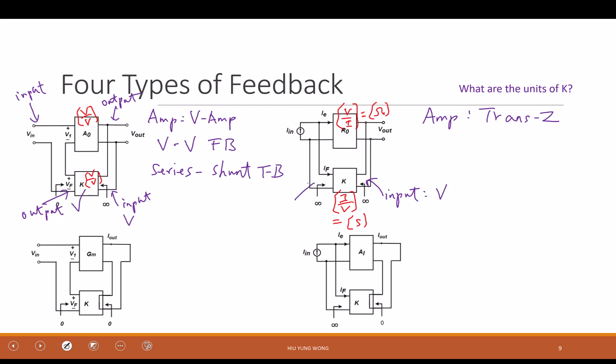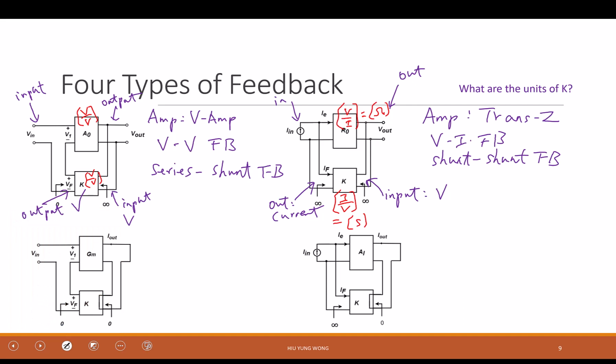Voltage, current. So this is a voltage, current feedback circuit. In terms of the connection of this whole circuit, this is in, this is out. It is what? Shunt feedback. Okay, good. Let's continue just as a practice.